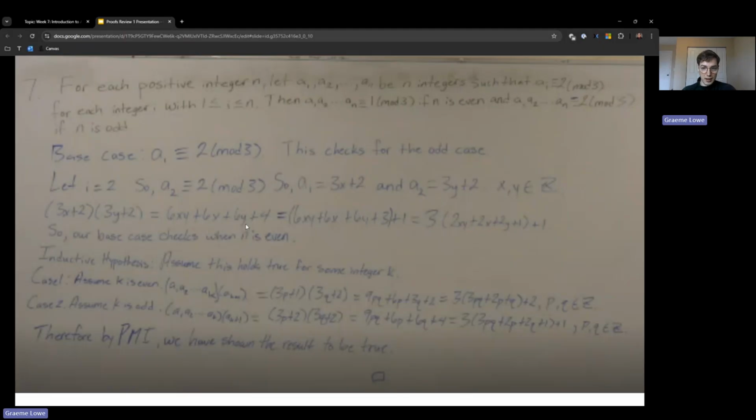And another way to say this is 1 mod 3, just with the way that modulus works. So our base case checks out when n is even. So in this case, n was even, and we did get what our result had stated, that for even, we'll get 1 mod 3.